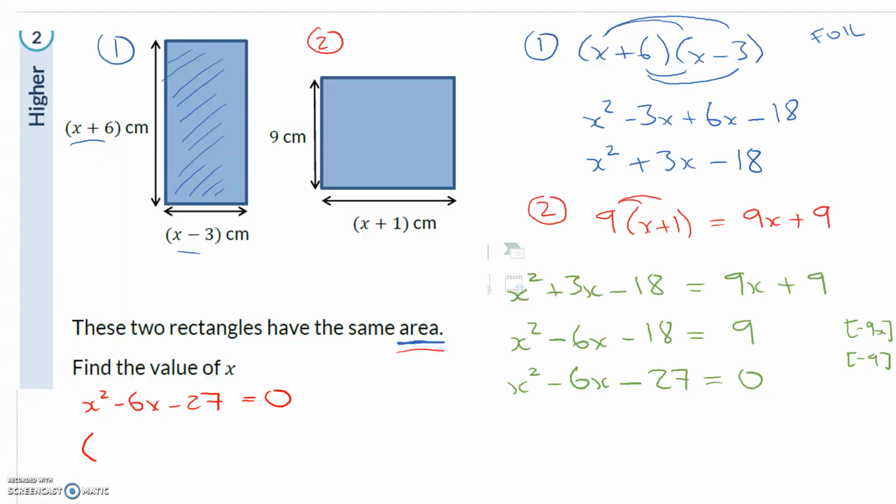We're going to put x plus or minus something, and x plus or minus something equals 0. And what are we looking for? Well, we're looking for two numbers that multiply to give negative 27. That product is negative 27, and the two numbers need to give us a sum of minus 6.